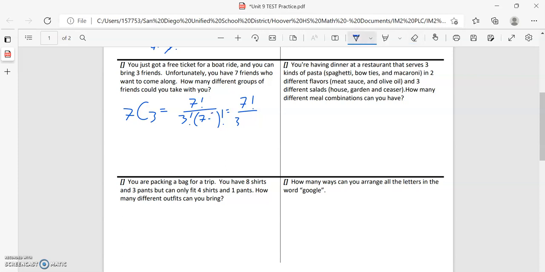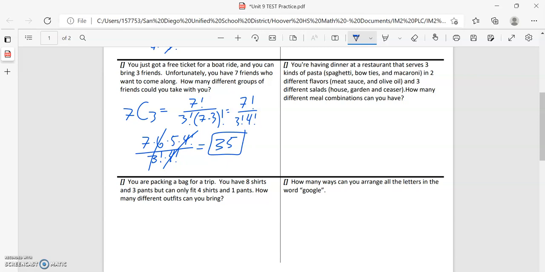Okay, so 7 times 6 times 5 times 4. Those are gone. 7 times 6 times 5 over 3 times 2. 3 factorial is actually 6, so you can just cross those off. And 7 times 5 is 35.